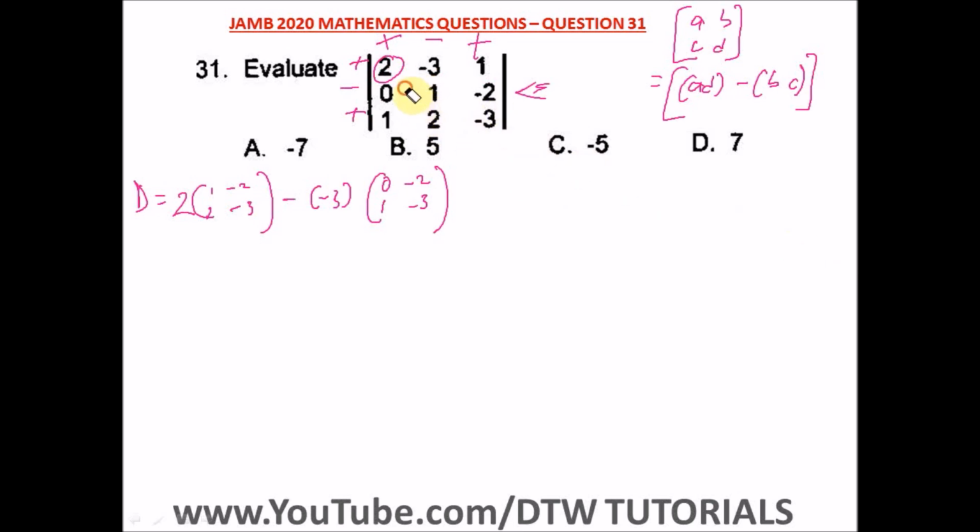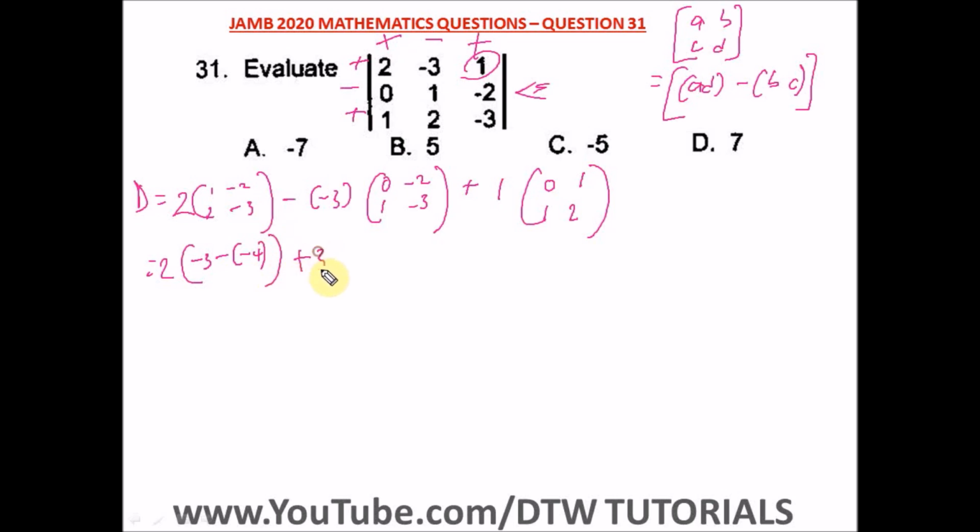So the next one now, we are dealing with 1. So we have plus 1, 0, 1, 1, 2. So now let's recall this formula for this. So this is equal to 2 bracket minus 3 times 1 minus 2 times minus 4.